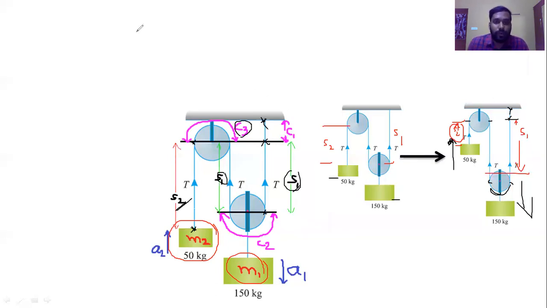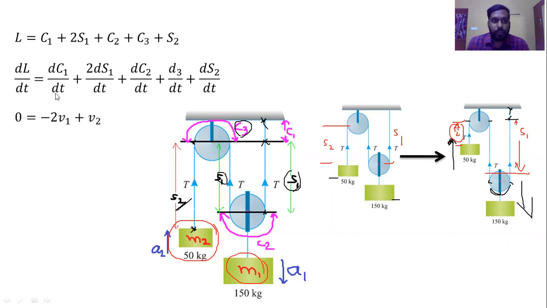So now we just need to make a relation. We have written the total length as C1 plus 2S1 plus C2 plus C3 and S2. Now we just differentiate this first with respect to time. So these terms will become zero, because this is constant, this is zero, and this is actually C3, so this is also zero. So the remaining two terms are 2 times ds1/dt and ds2/dt, because these are variable lengths, as already mentioned. These two are variable lengths. So okay, dL/dt is also zero because the length does not change.